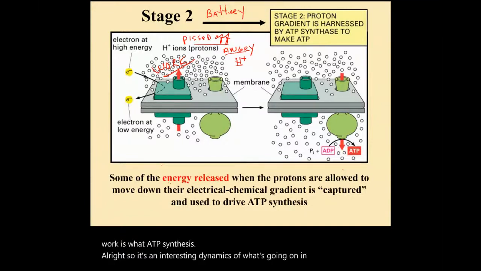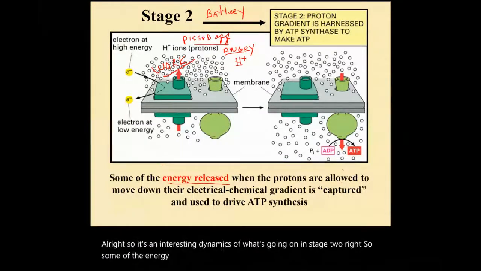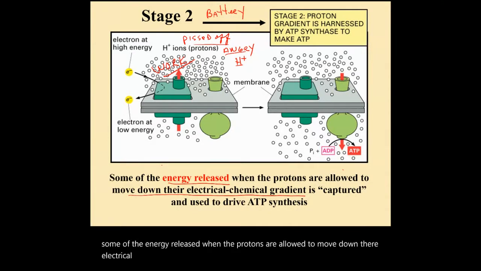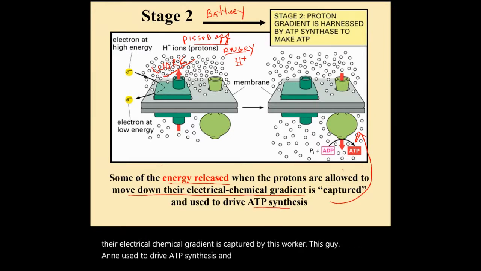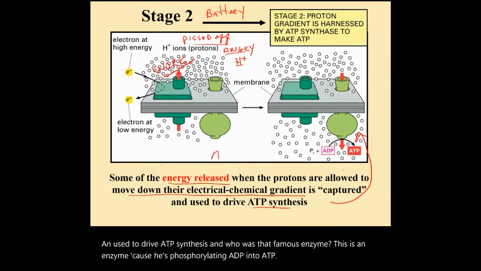So some of the energy released when the protons are allowed to move down their electrochemical gradient is captured by this worker, this guy, and used to drive ATP synthesis. And who is that famous enzyme? This is an enzyme because he's phosphorylating ADP into ATP. Who is that enzyme?